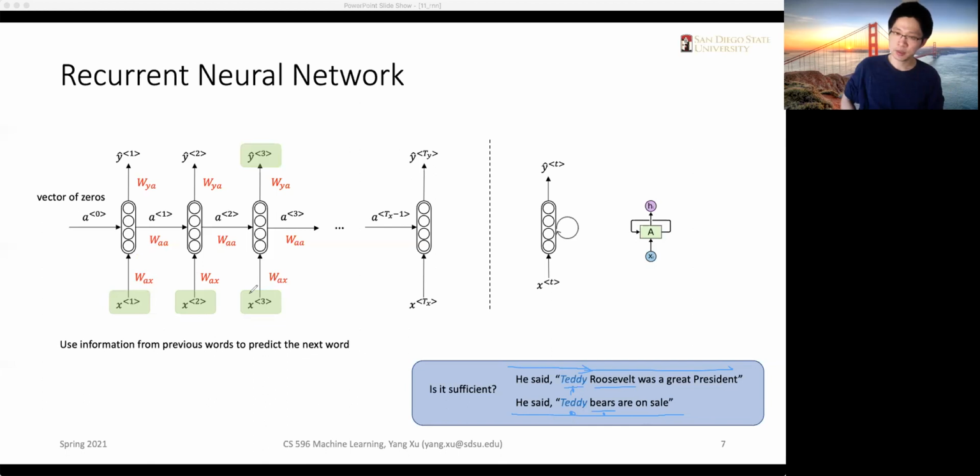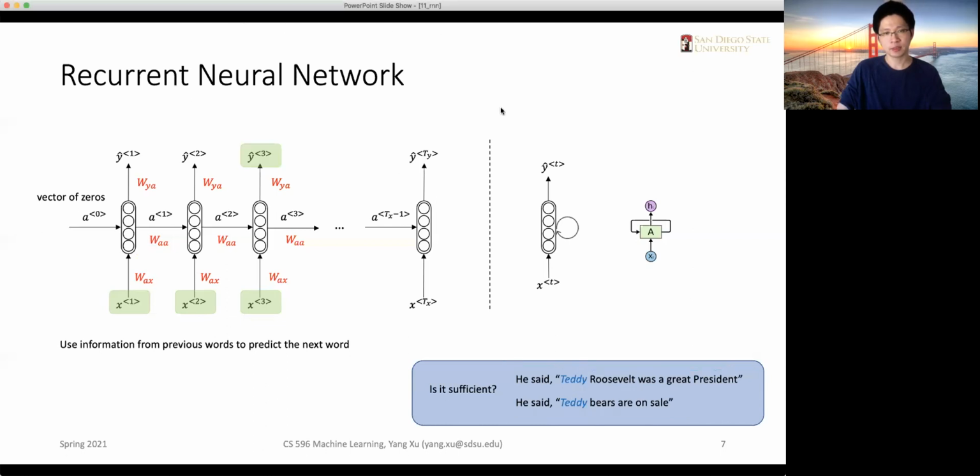That would be the way that makes the most sense. This is just a tip that we can keep in mind for now, because in the next lecture, when we introduce more advanced neural network structures, we are going to see why the direction of a recurrent neural network really matters.